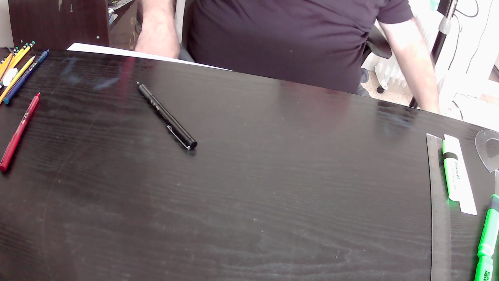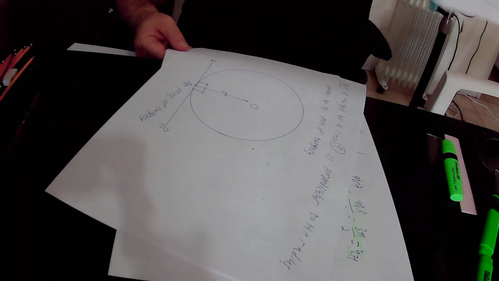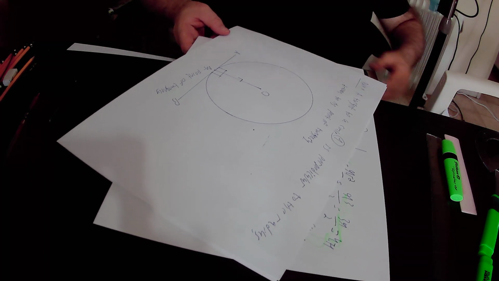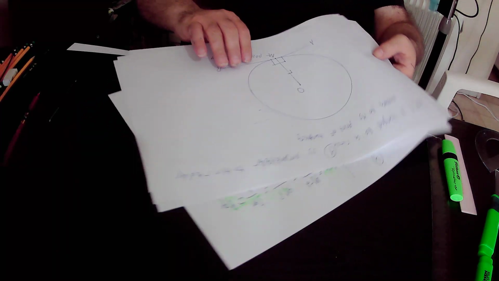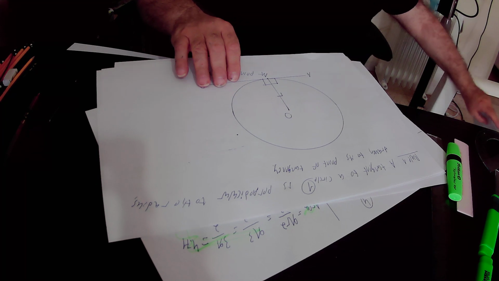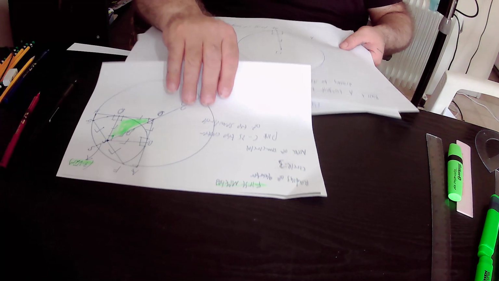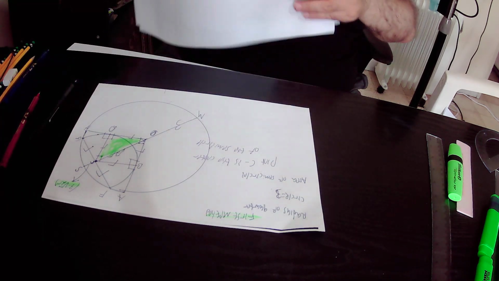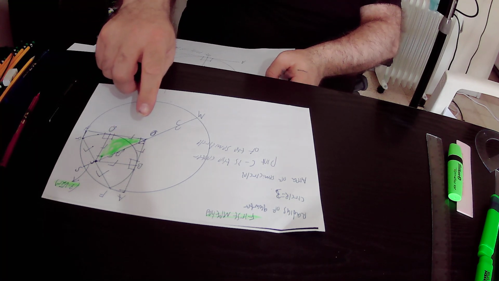We'll start with the first question. So in the drawing, we have a semicircle that is inscribed by a quarter circle.